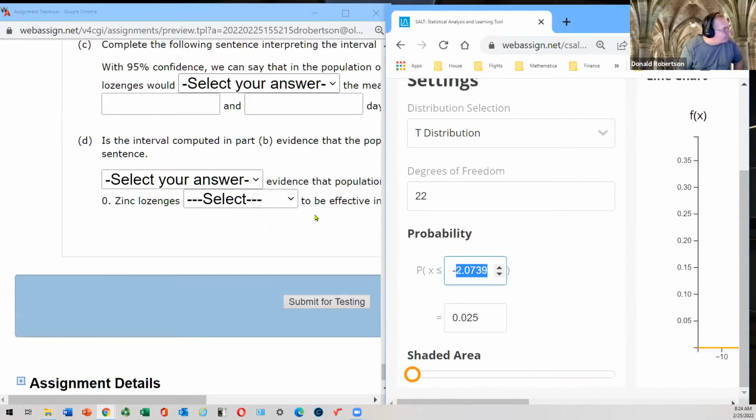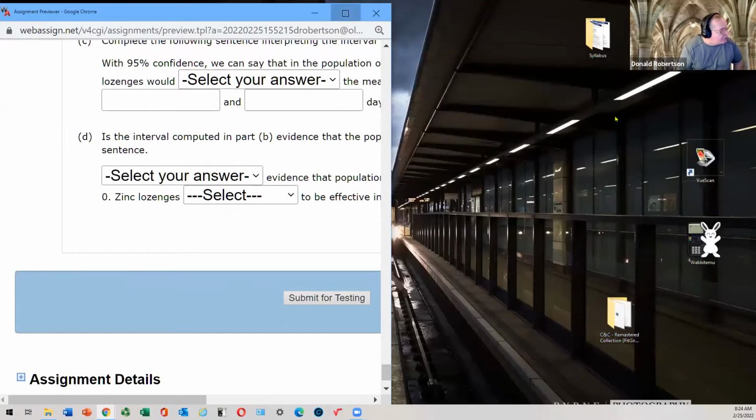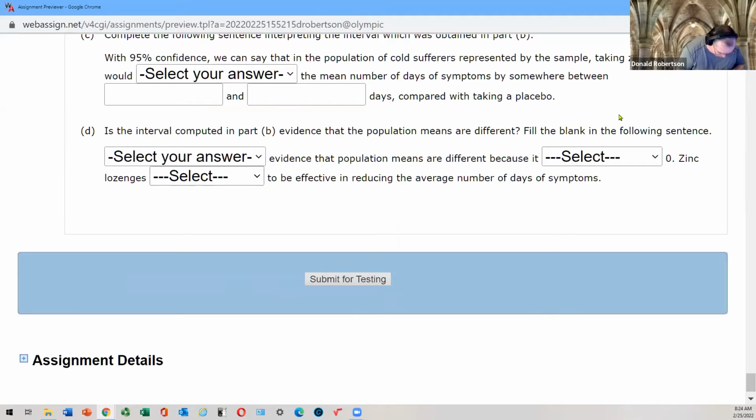And then the last question is pretty much like all the others. Okay, so I feel a little bit more comfortable that that has worked.